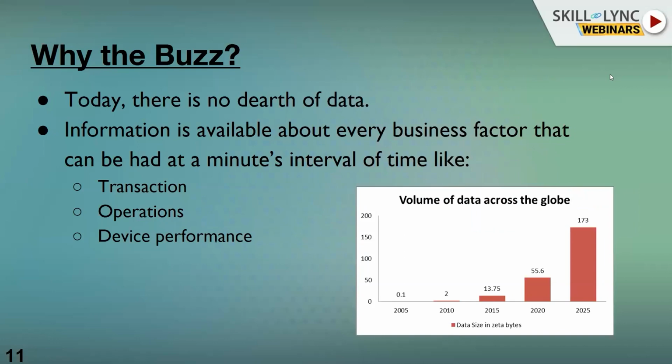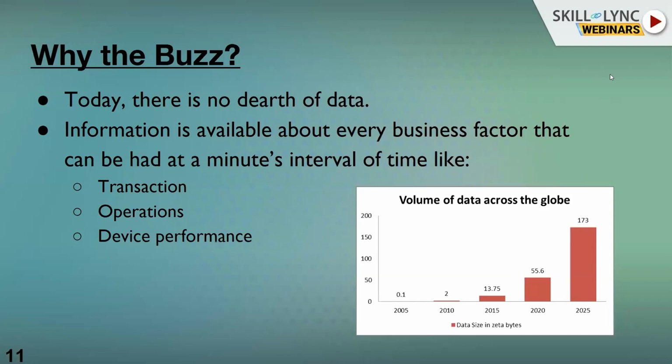One is the data, and the second is the capability to process the data. The data that is being generated, monitored, and stored, and the technological advancements, make it possible to handle huge volumes of data.